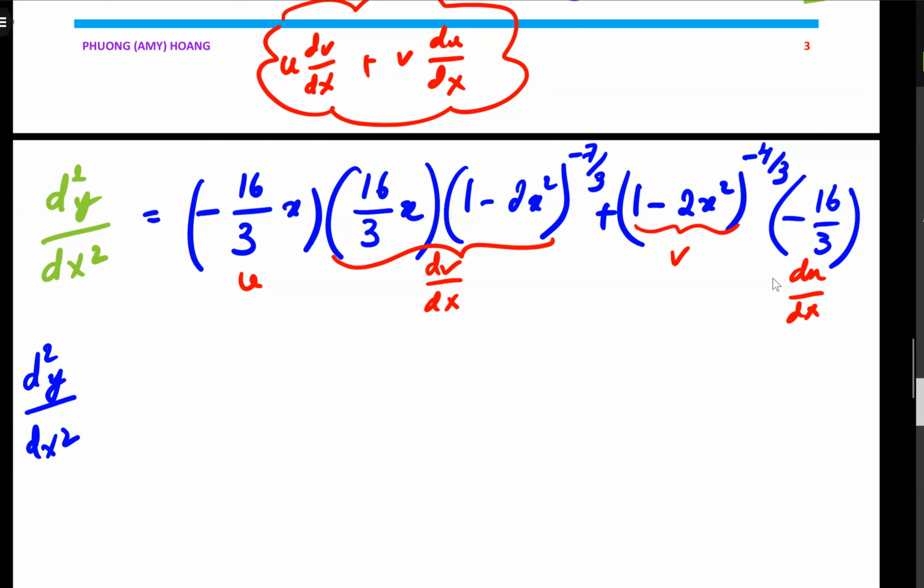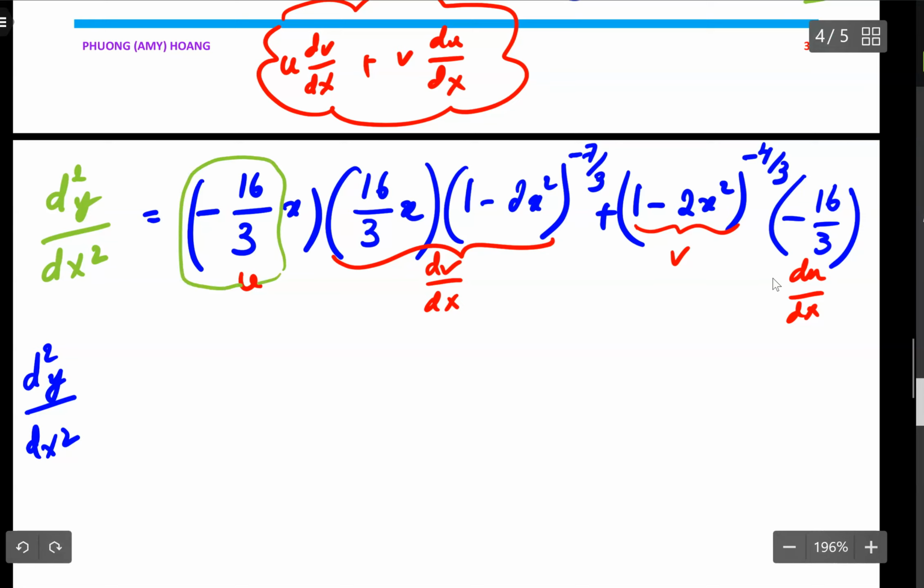Okay, so first of all, why don't we take a look at the 16/3? So I have the 16/3 here. I have this as 16/3 as a product, and here is 16/3 as a product, as a negative as well. So I should pull out negative 16/3.